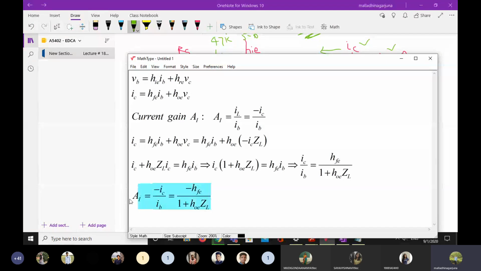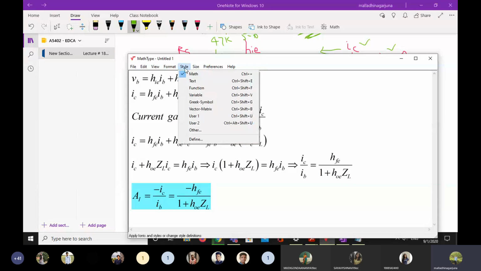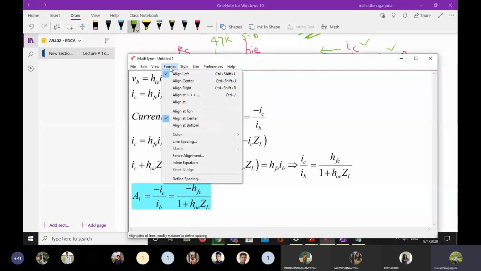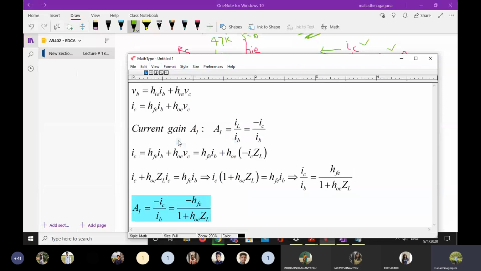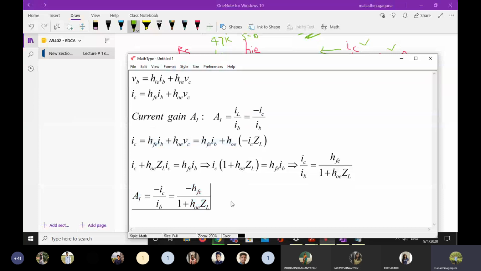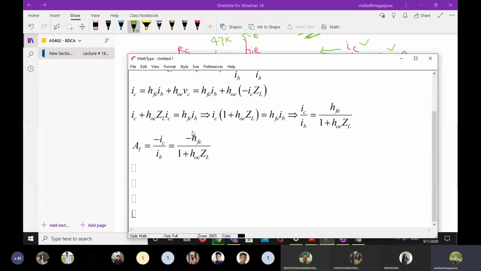Okay, this is the current gain, not the voltage gain, of our CE amplifier.